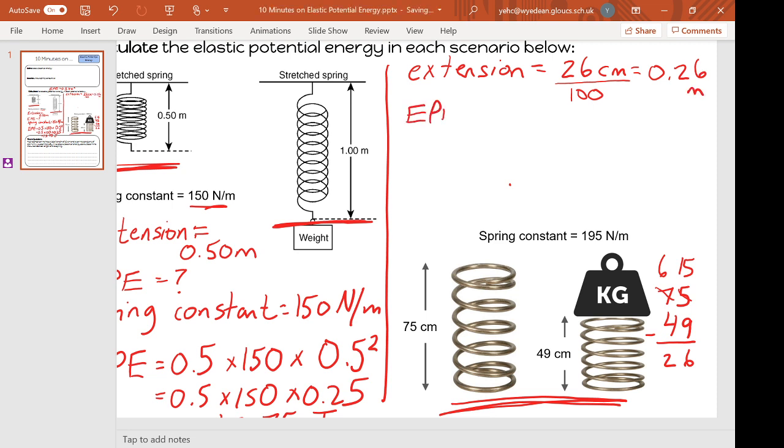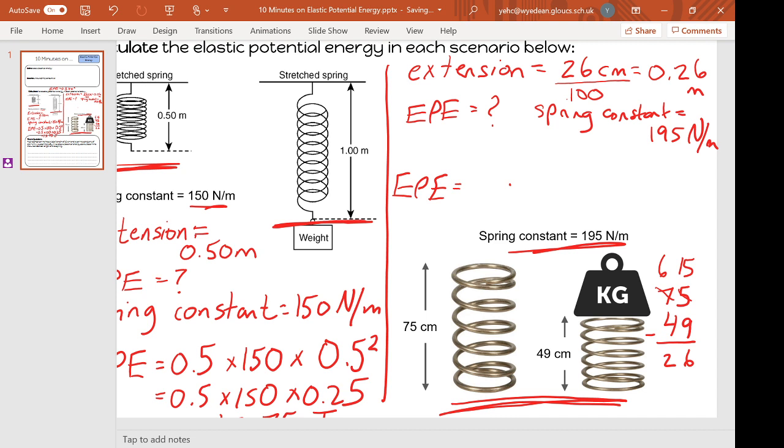My elastic potential energy, that's what I want. And my spring constant equals 195. That was just given to me here. So once again, I just substitute everything into the formula. I don't have a value for elastic potential energy. My next bit is EPE equals 0.5 times the spring constant, 195, times the extension, or in this case a compression, 0.26 squared.